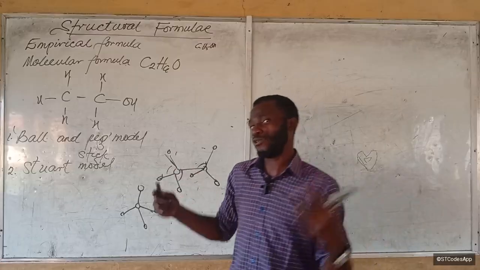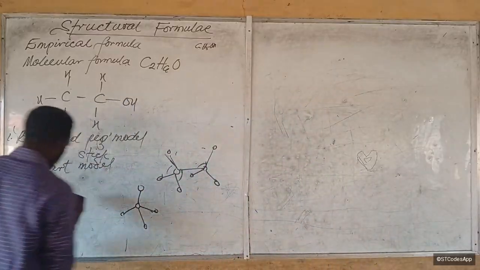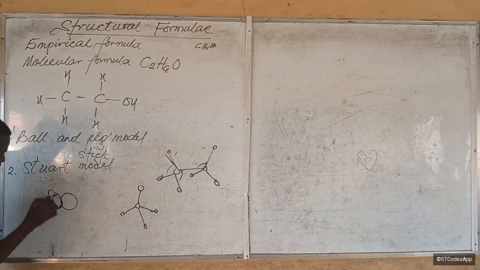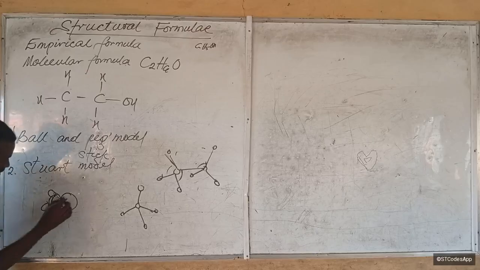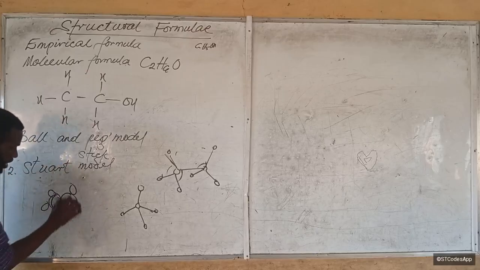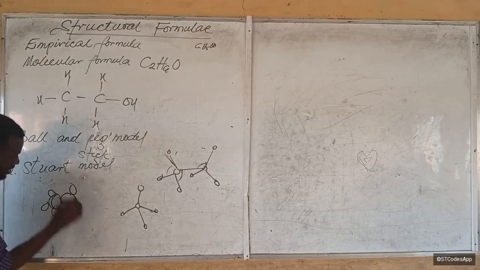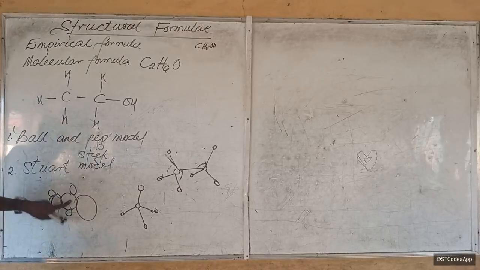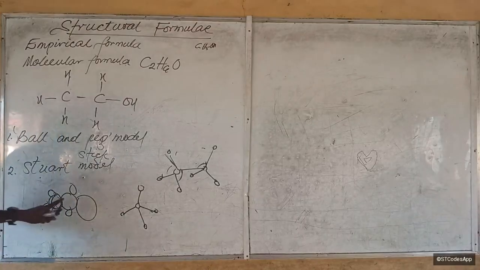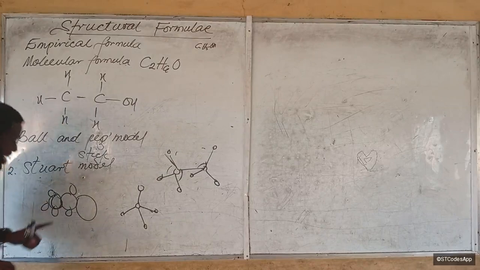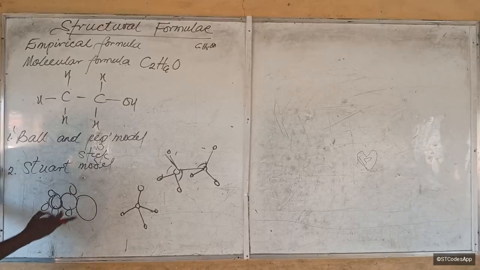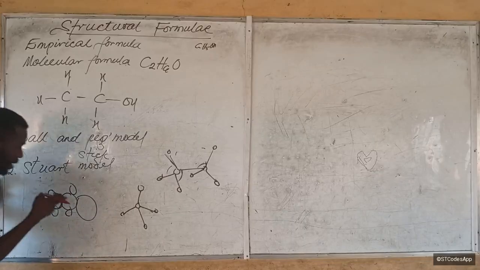It just uses balls. Imagine I drew something like this and I used balls of equal sizes and I put this here, this here, this here, another hydrogen here, one hydrogen here, then I put a bigger ball here. So this is to show you that carbon has a greater atomic radius than these. You see that their sizes are almost the same, right? These two are the same, so this is carbon.